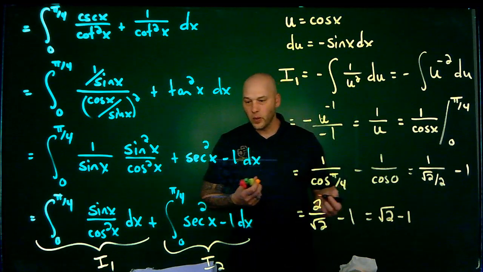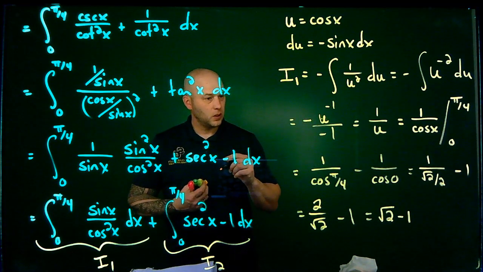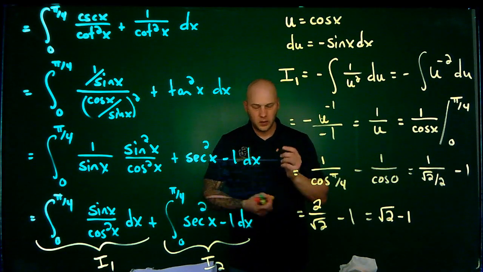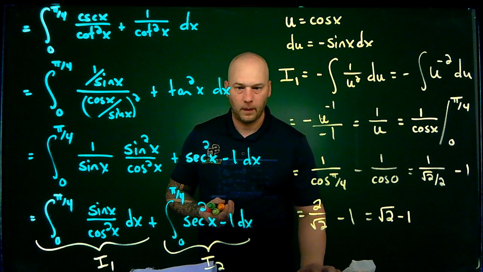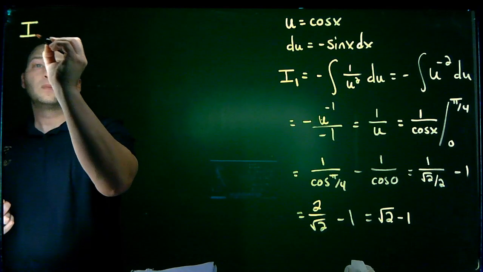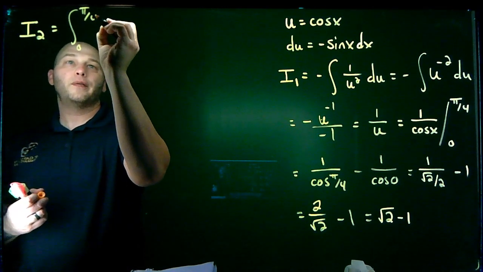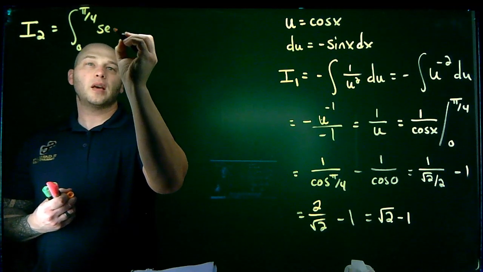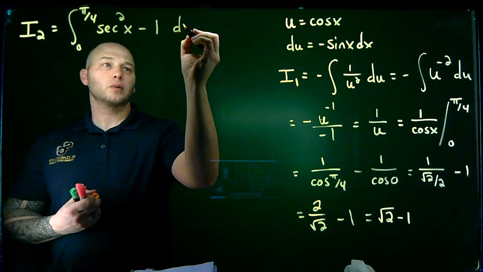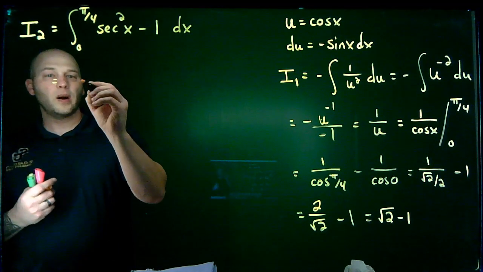All right, now let's go ahead and compute the second integral. For integral 2, this was the integral from 0 to pi over 4 of secant squared x minus 1 dx. Antiderivative, of course, of secant squared would be tangent.